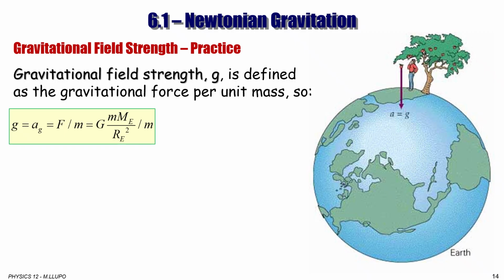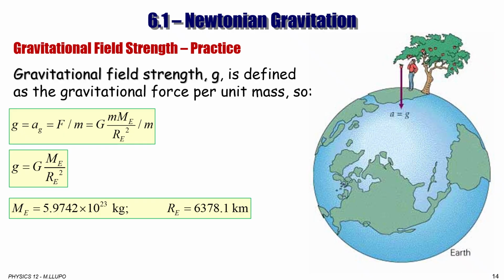The force is the universal gravitational force. The formula, as we know, is G m m over r squared. In this case, we have the mass of the Earth and the radius of the Earth, divided by mass. So mass and mass cancel. g is Gm over r squared.